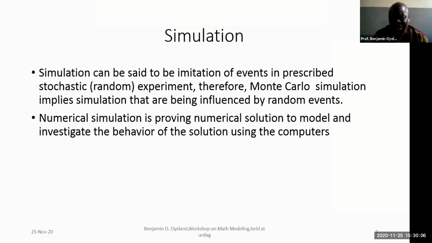Because the computer has helped us to process data, because in a model, when you are calibrating it, you use data to calibrate it. And for you to do prediction with very large data, you need a computer. So that's where simulation comes in.